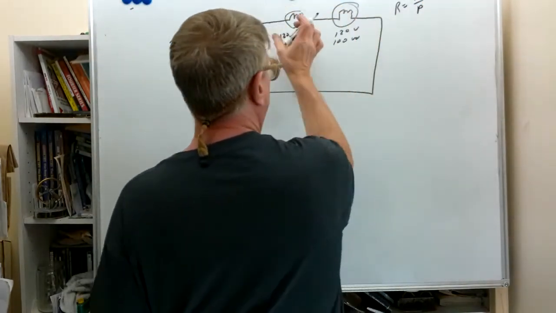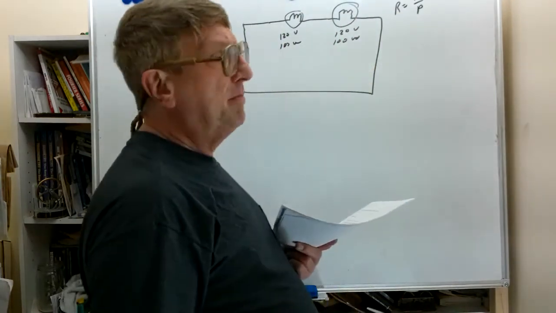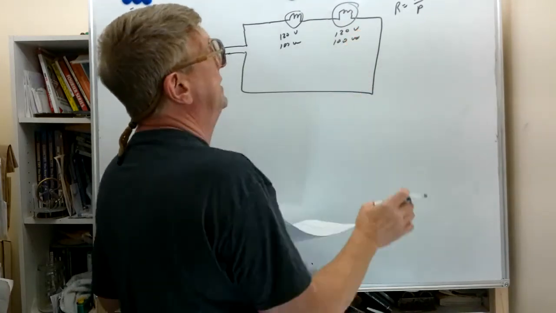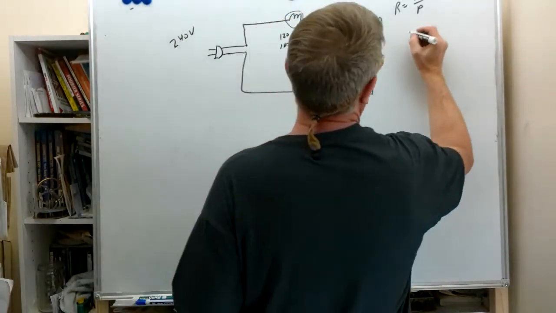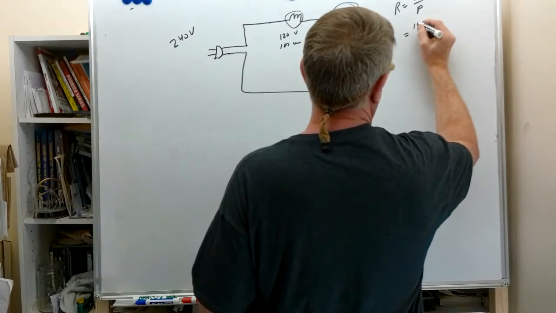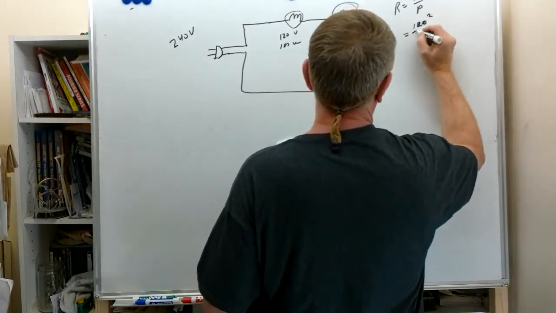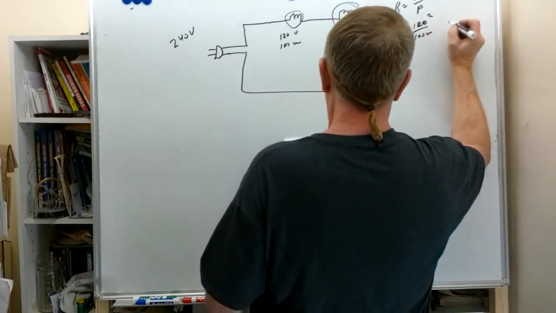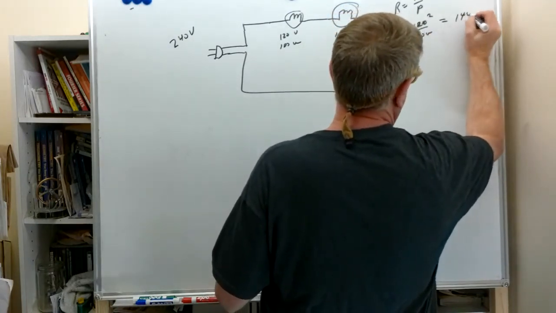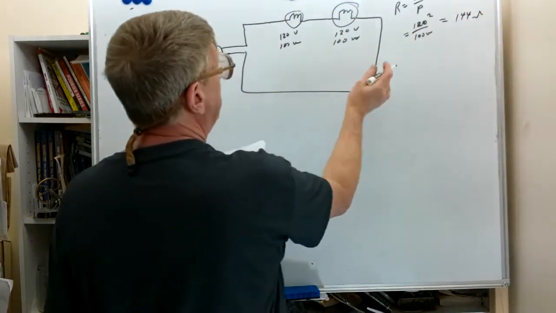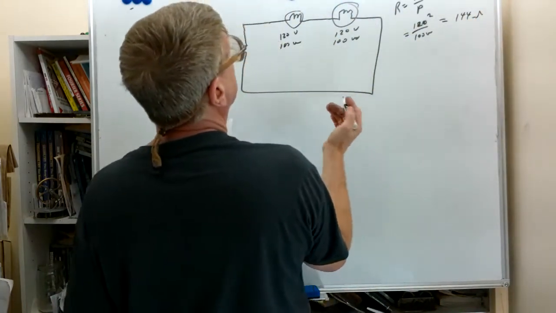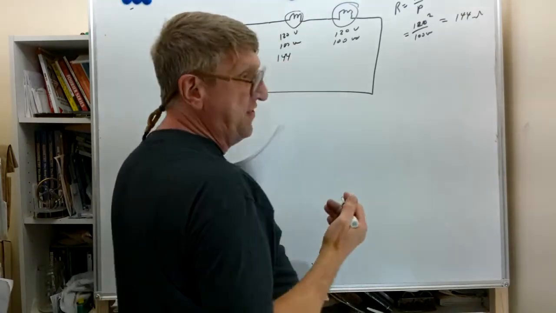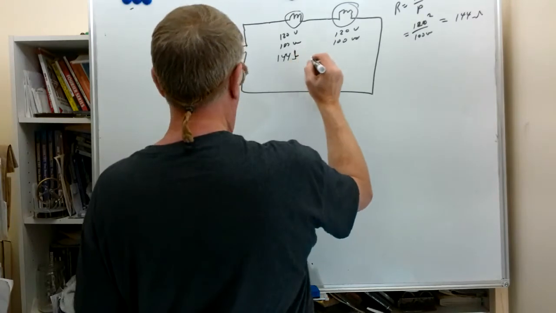So for the resistance of these light bulbs, being they're identical, we're going to calculate based on the voltage they're designed to operate on and the power rating, which is equal to 120 volts squared over 100 watts, which comes out to 144 ohms. So the resistance of the filaments in each light bulb is 144 ohms.